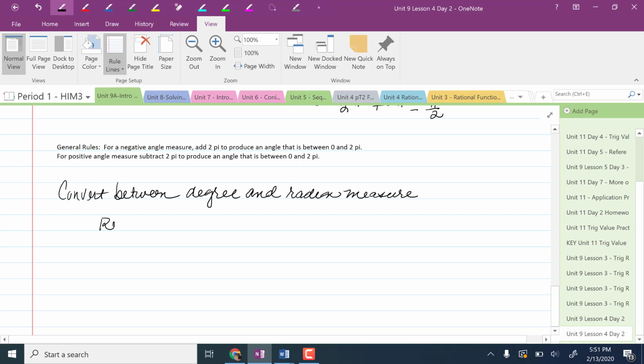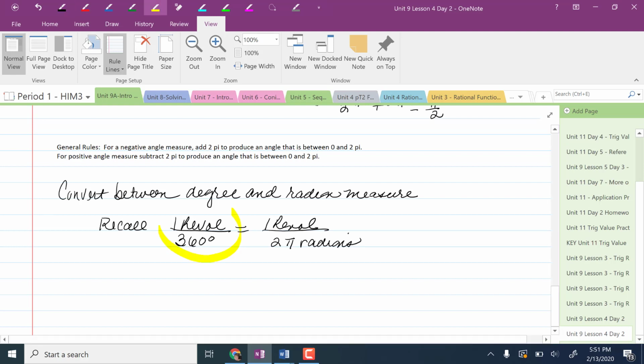So we want to recall 1 revolution, or once around the unit circle, is 360 degrees, which is equivalent to 1 revolution being measured as 2 pi radians.